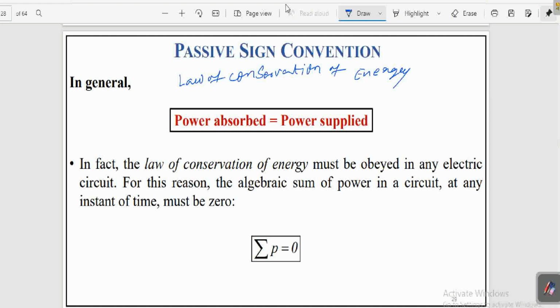In fact, the law of conservation of energy must be obeyed in any electric circuit. For this reason, the algebraic sum of the power in a circuit at any instant of time must be equal to 0. It means that power absorbed plus power supplied must be equal to 0.